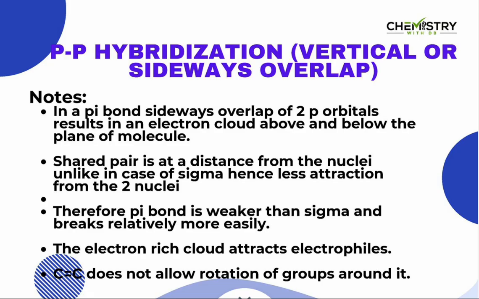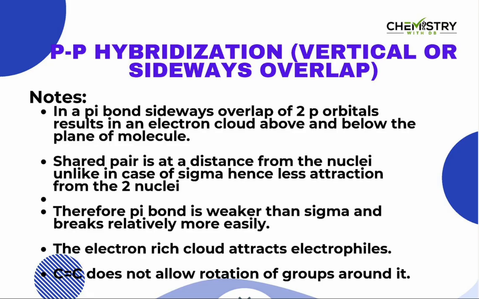This is the reason that alkenes end up being far more reactive than alkanes, because in an alkene there are two bonds, one sigma and the other pi, and it's the pi bond which breaks whenever an alkene reacts. The electron rich cloud attracts electrophiles, so the reactions take place through electrophilic addition.